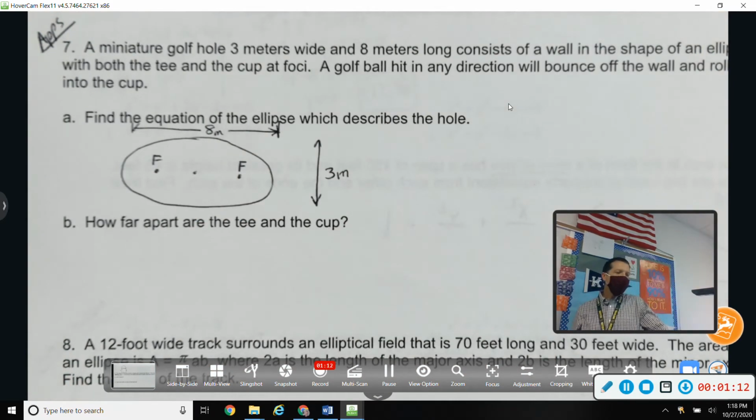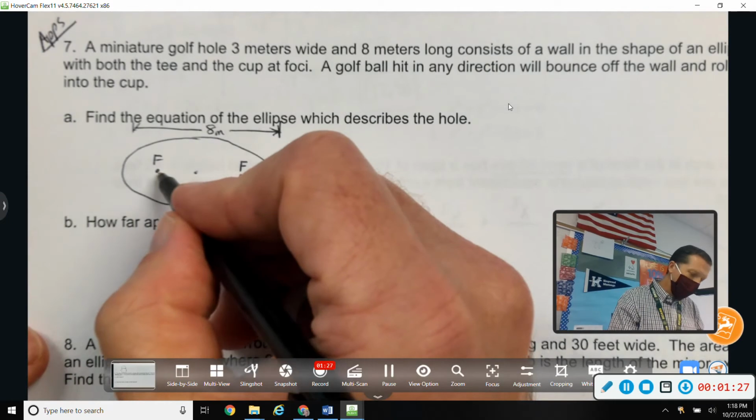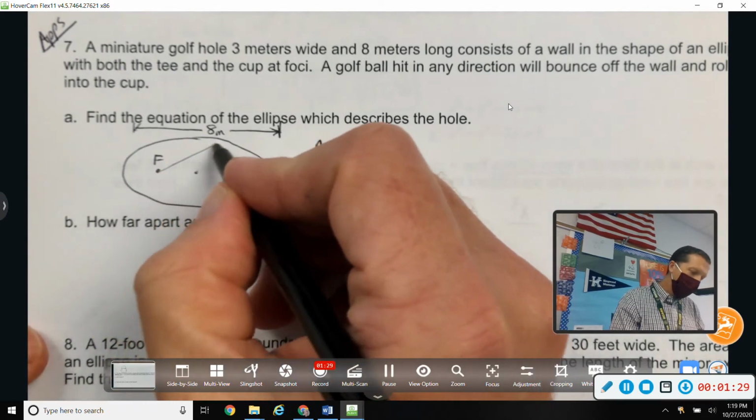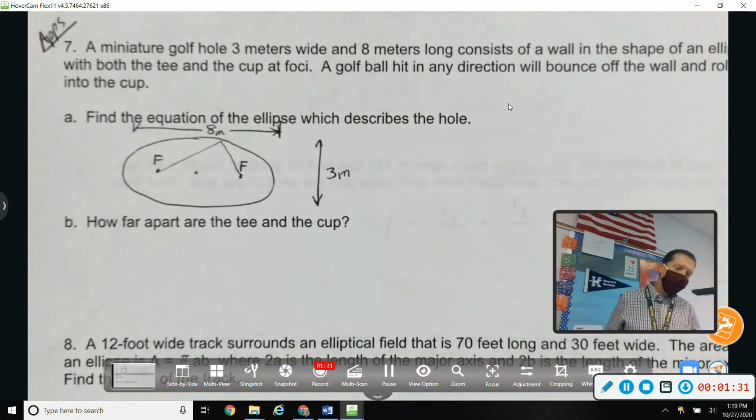A golf ball hit in any direction will bounce off the wall and roll into the cup. That's a true statement, if it's a perfect focus and if there's not any bumps in the grass or the artificial turf. Any ball hit from one focus will bounce off the wall and land at the other focus. So if you hit it behind it, it'll do that?